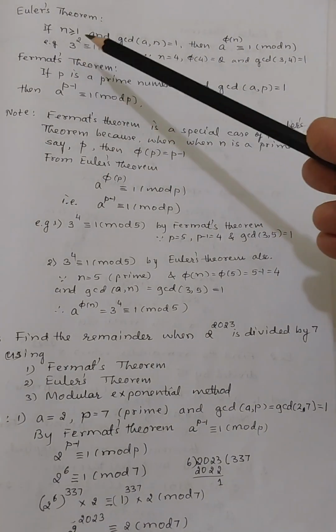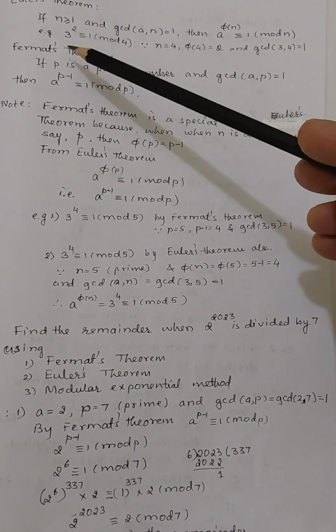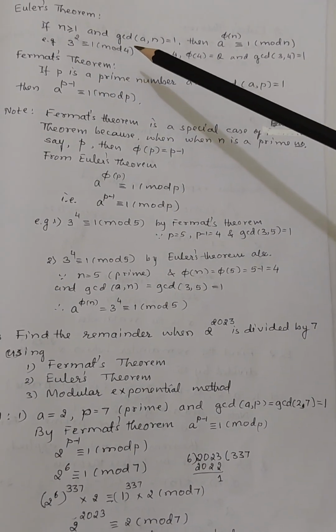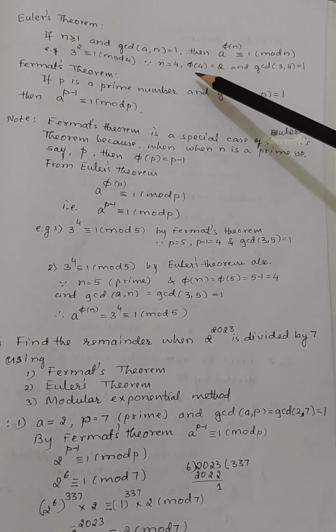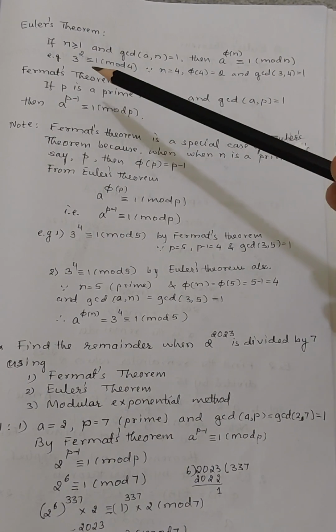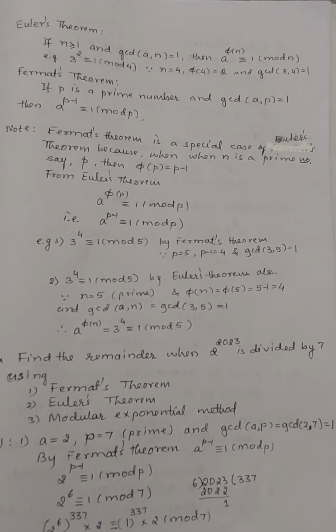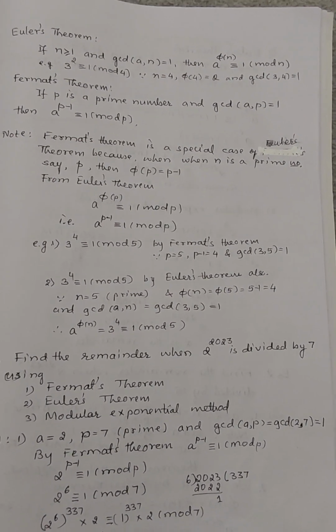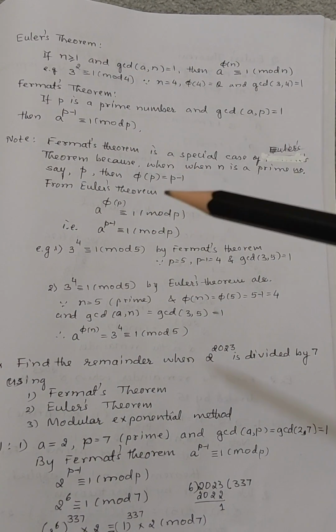For example, 3 squared is congruent to 1 mod 4 because 3 and 4 are relatively prime, and phi of 4 is 2. That is true because 3 squared is 9, and 9 divided by 4 gives the remainder 1.